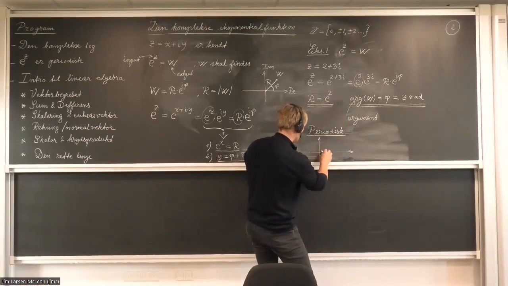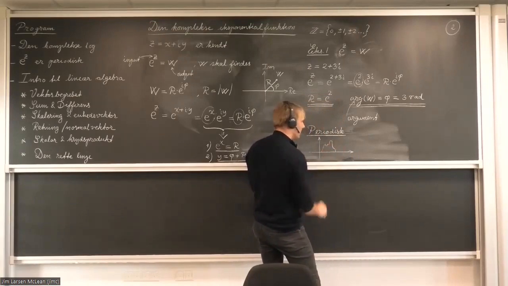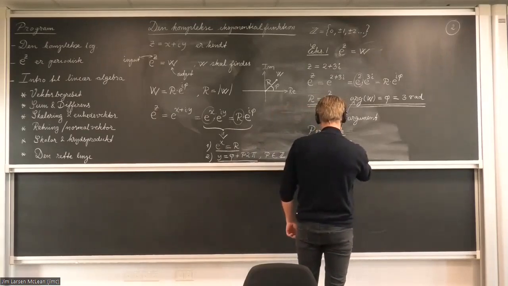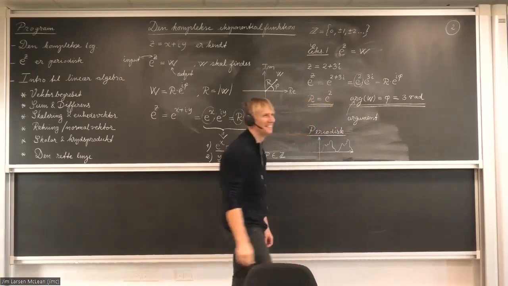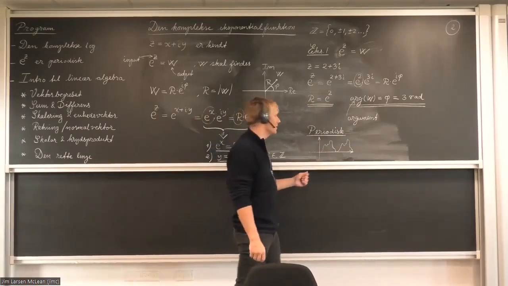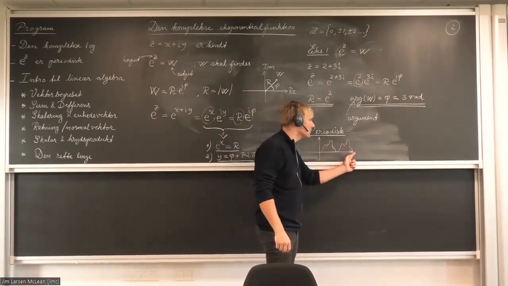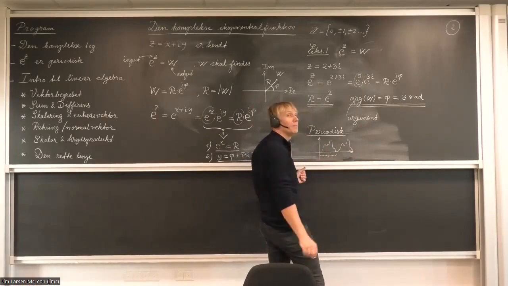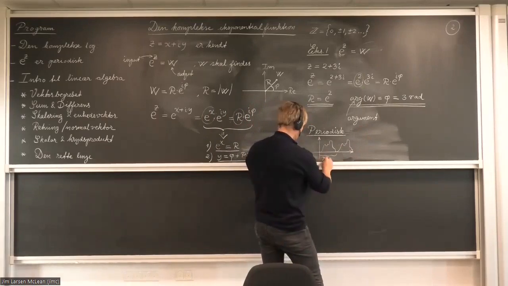So now I have a graph that looks like this, and now it looks like this again. That was an attempt to draw the same thing that was there before, right? So it repeats itself after a while, so we call it periodic. And the distance that it repeats over, that's what we call the period. So this right here is the period.